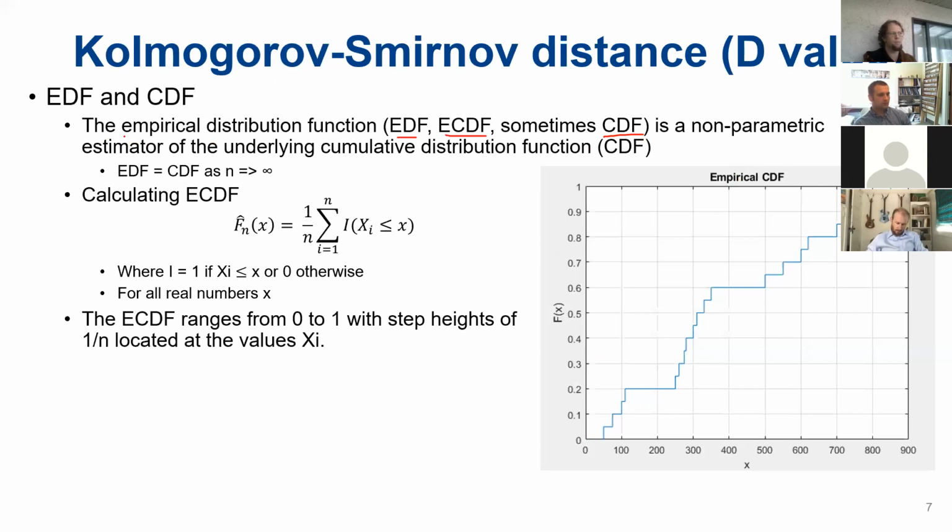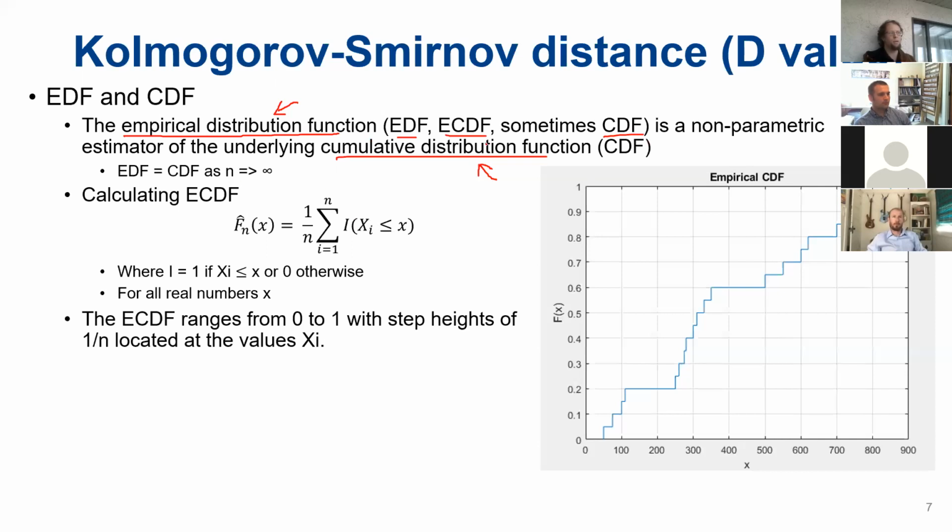We distinguish this empirical distribution function from the actual underlying cumulative distribution function. The empirical distribution function is essentially the distribution function of your sample, whereas the cumulative distribution function is the distribution function of your population.